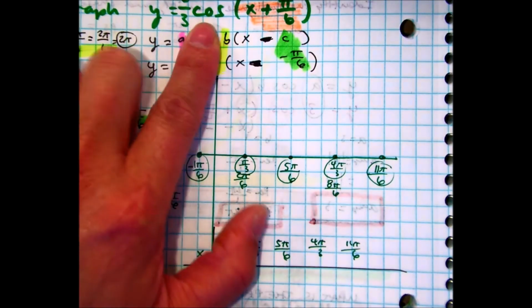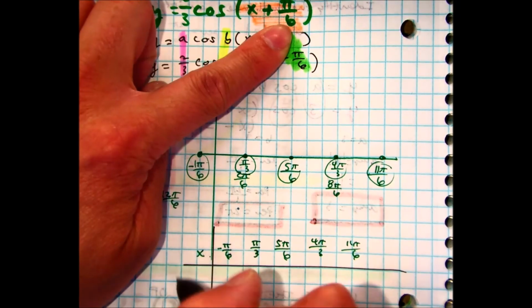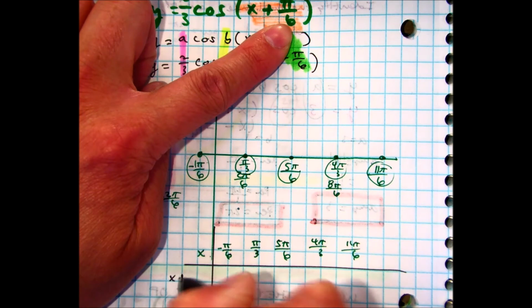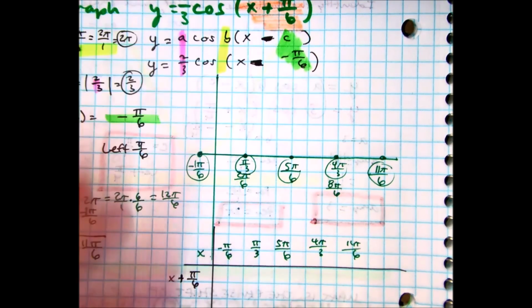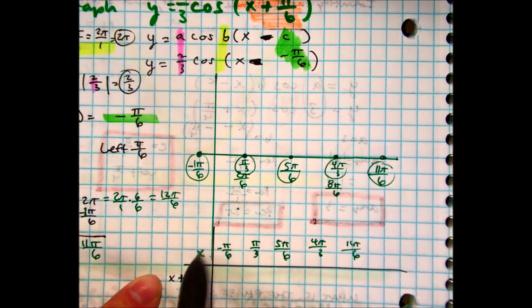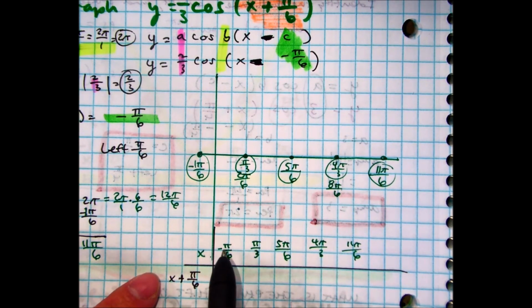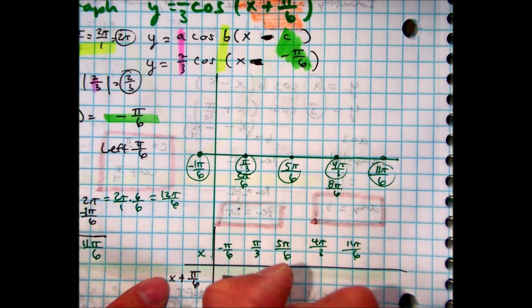Now I'm going to take cosine of x plus pi over 6. Let's think about this. If I have an x value here and I add that to pi over 6, what do you get? Negative 1 pi over 6 plus 1 pi over 6. They're opposites, you get 0.